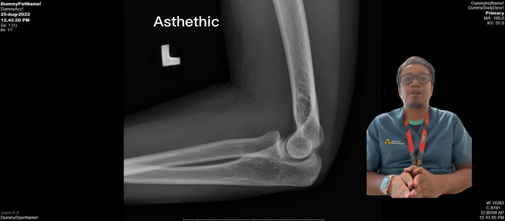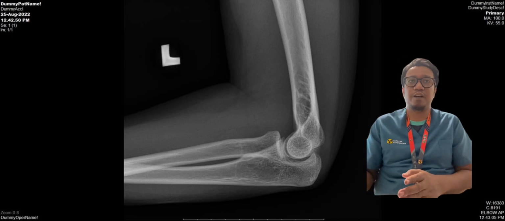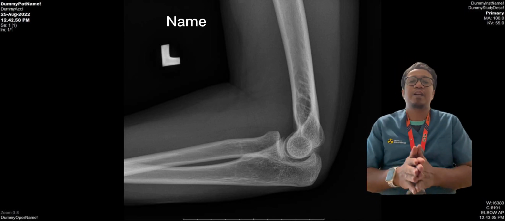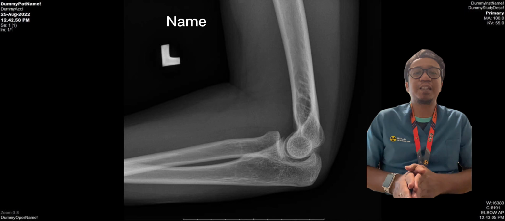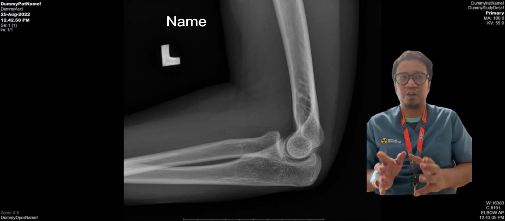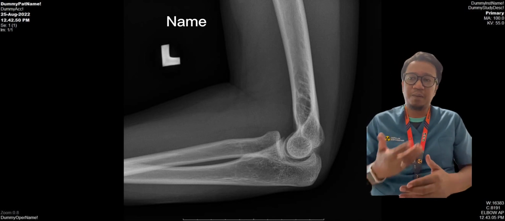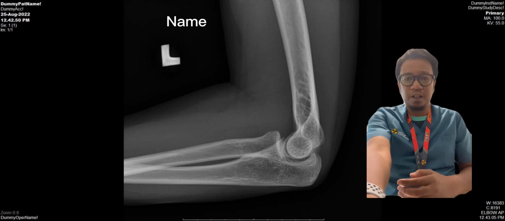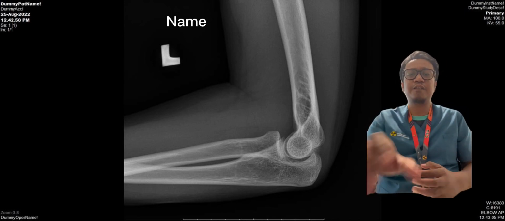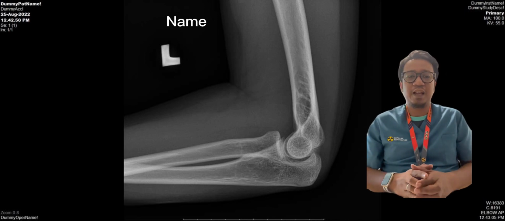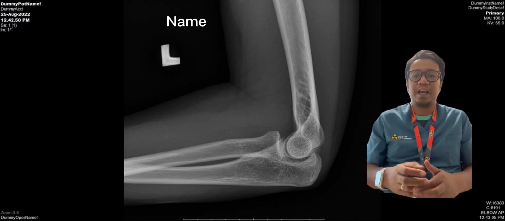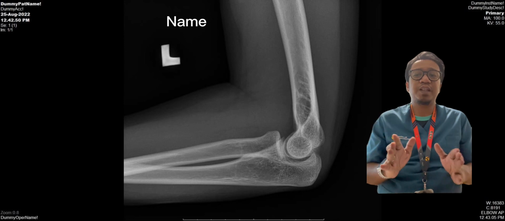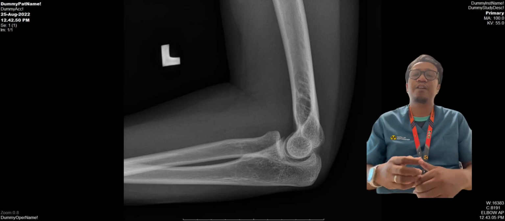There is no evidence of artifact on the radiograph. The last is name: the patient name and ID or IC or RN, date of examination, and place of examination are clearly visualized on the radiograph at the appropriate area, with no superimposition on the structure of interest.